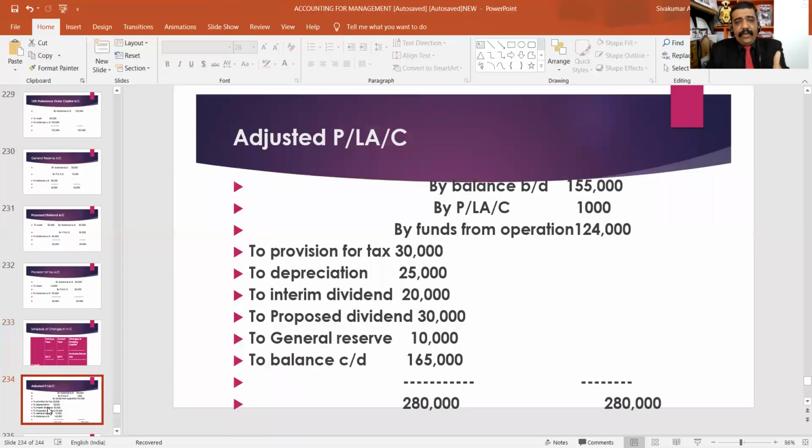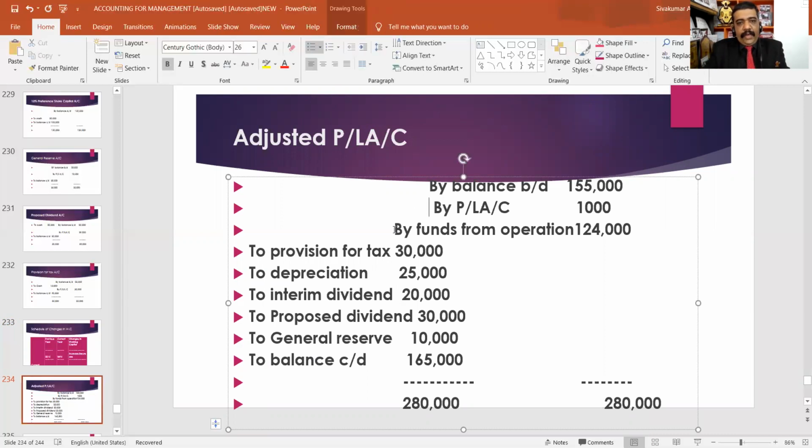Then the next account is the adjusted profit and loss account. By balance b/d, the opening balance of the profit and loss account, to balance c/d, the closing balance of the profit and loss account. Then you have to show all related items. To provision for tax 30,000, to depreciation 25,000, to interim dividend 20,000, to proposed dividend 30,000, to general reserve 10,000.